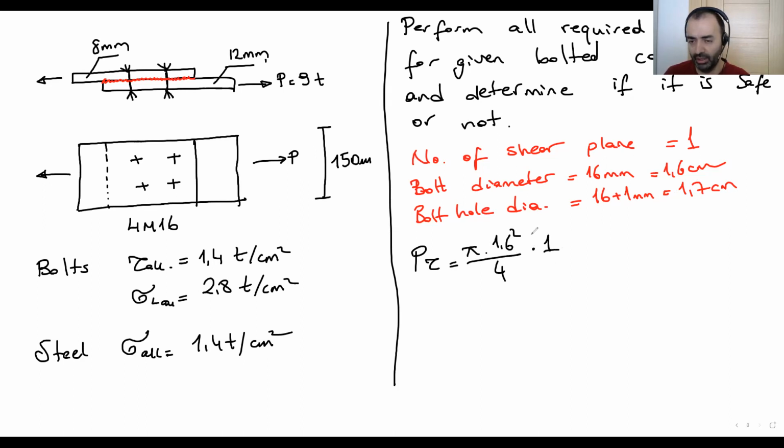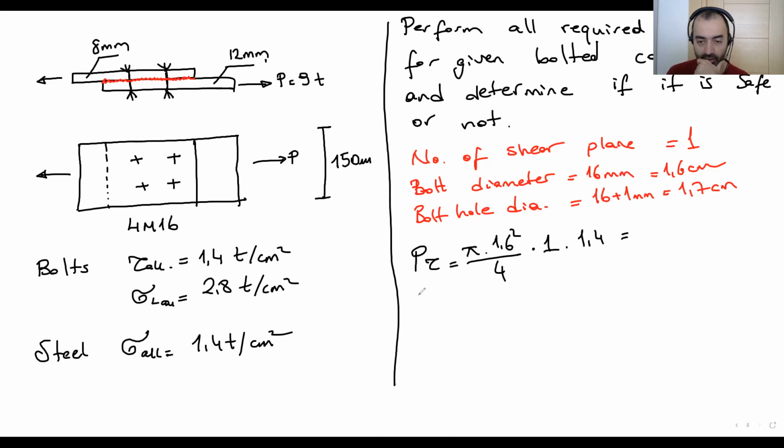We don't need to write it here, but I write it to keep in mind. Times allowable stress 1.4. First, let me write all the equations, then calculate the results.